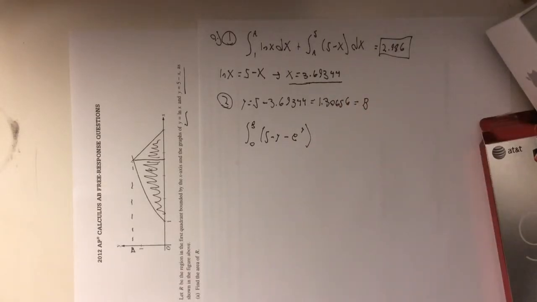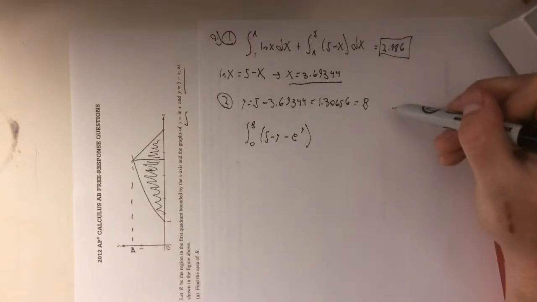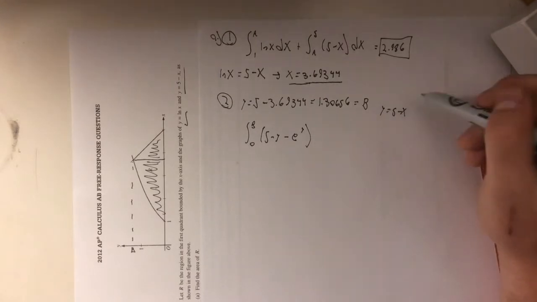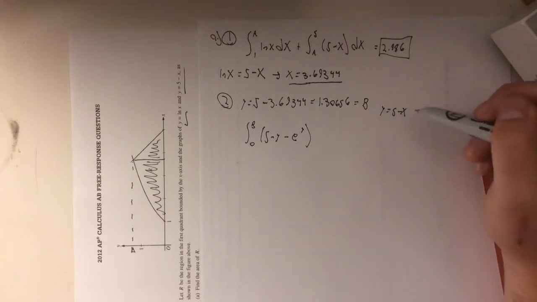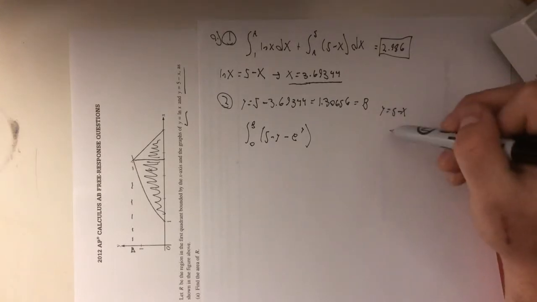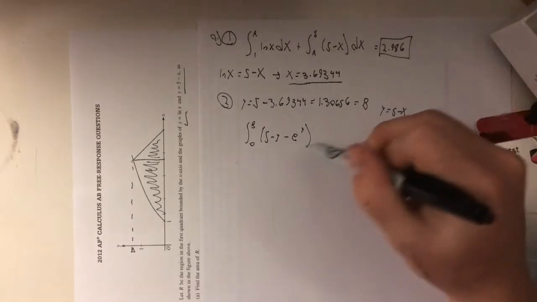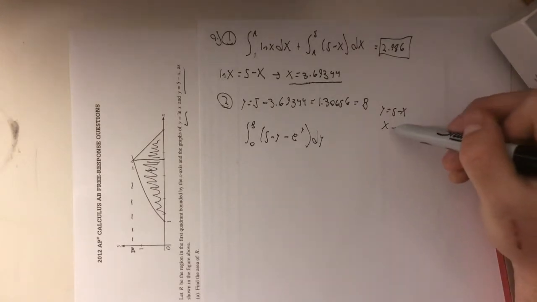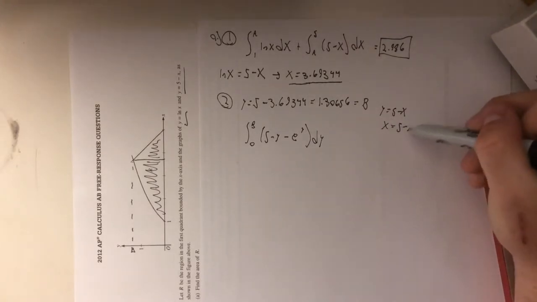So 5 minus y is our first equation, y equals 5 minus x, and we're just setting x equal to the other stuff so it would fit in terms of y, because this is dy. So x is equal to 5 minus y.